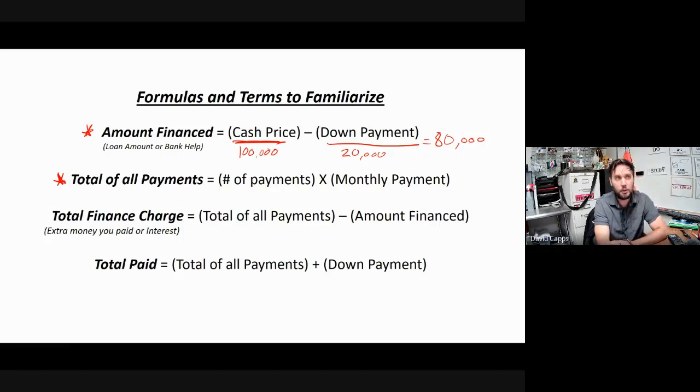Let's say you're going to do this for 5 years. You're paying $500 for 5 years. Well, the number of payments would be 5 times 12 or 60 payments, times your monthly payment. So let's say you paid $500 60 times. That would be the total of all payments.